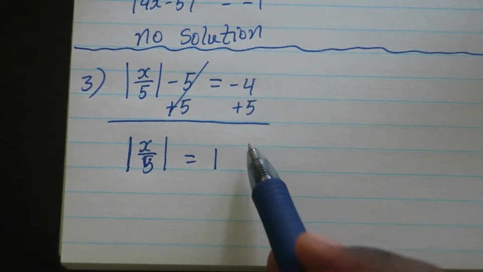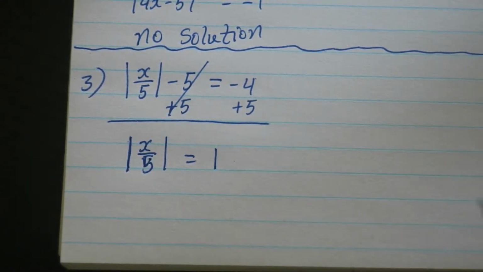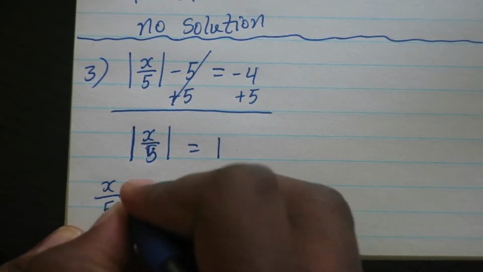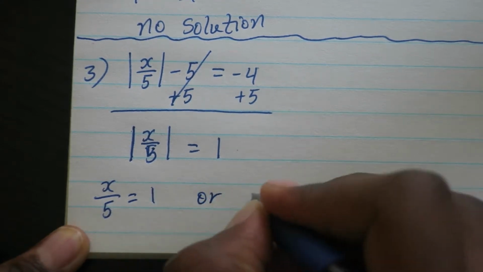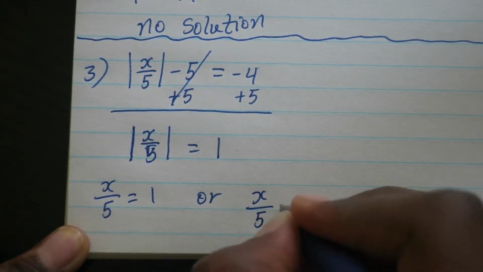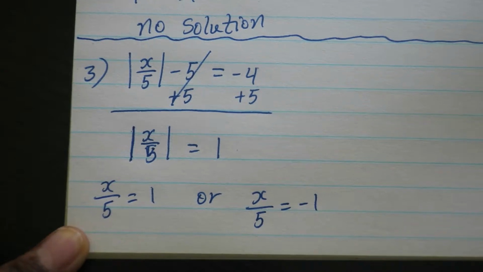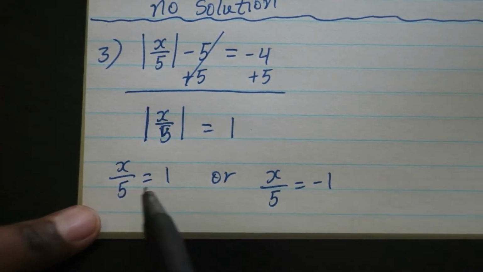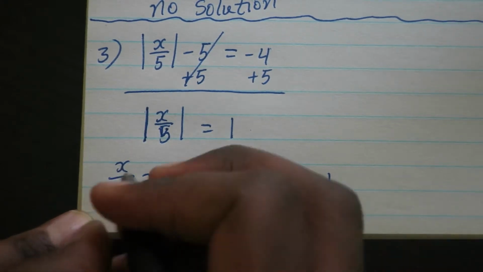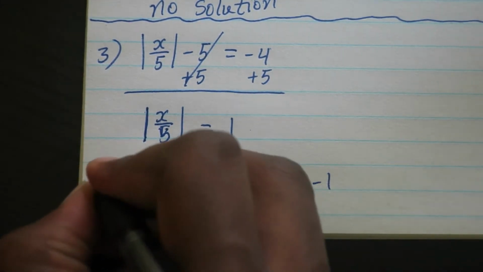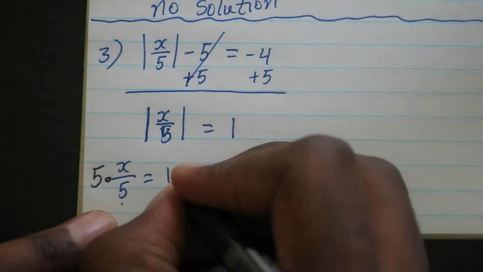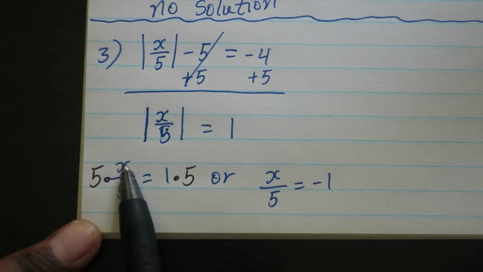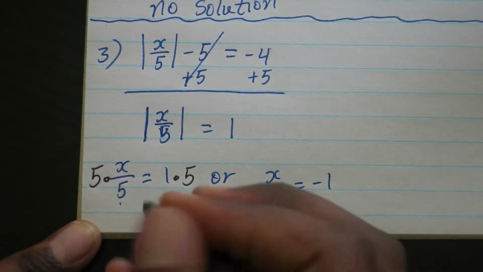Now, because my k value is positive, I can say this is equal to x over 5 equals 1, or x over 5 equals negative 1. We just need to solve this to get the answers. Because I'm dividing by 5, inverse of division is multiplication, so multiply this by 5 and multiply that by 5. 5 times x is 5x, divided by 5 is 1x.